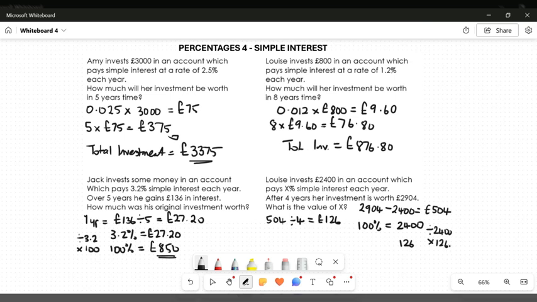So 100 divided by 2,400 times by 126 gives me 5.25%. So the interest rate X is 5.25%. And that is simple interest.